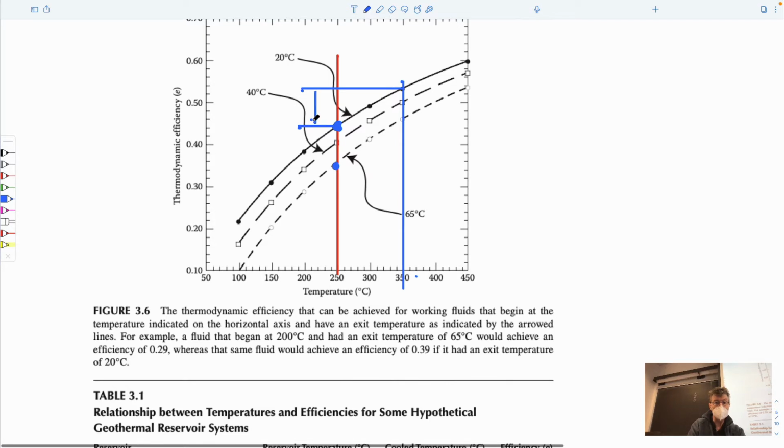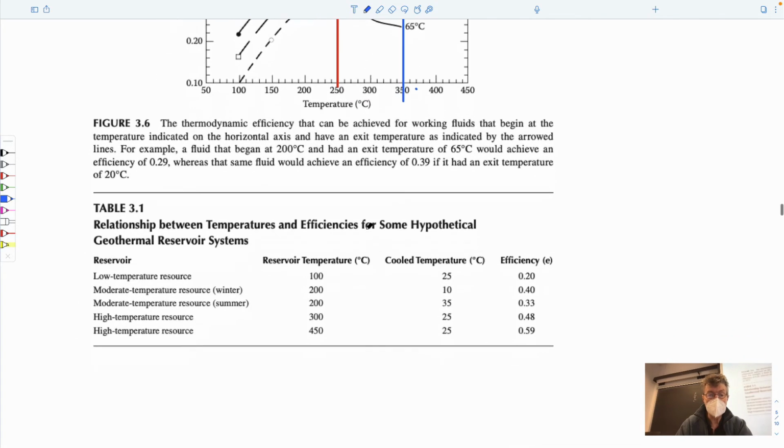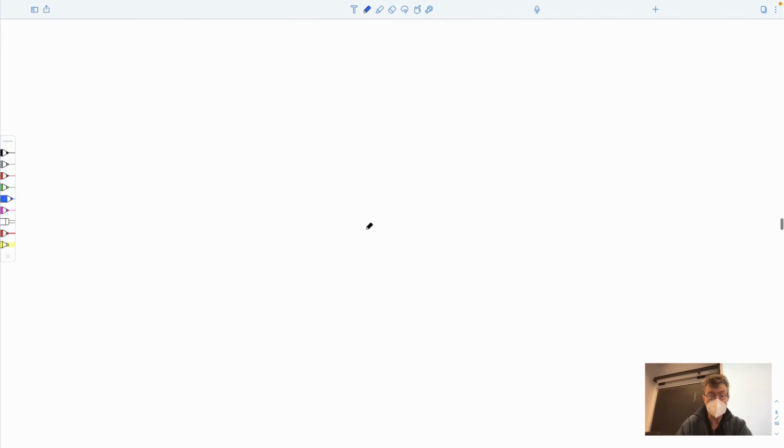So you get a 10% gain in efficiency if you go up from a relatively hot reservoir to one that's supercritical. And of course, the extra energy you get from the system is provided by the fact that the entropy is not just due to the temperature of this, but it's due to the internal energy that you have in the system at that particular temperature. So we can calculate what the thermodynamic efficiencies would be.